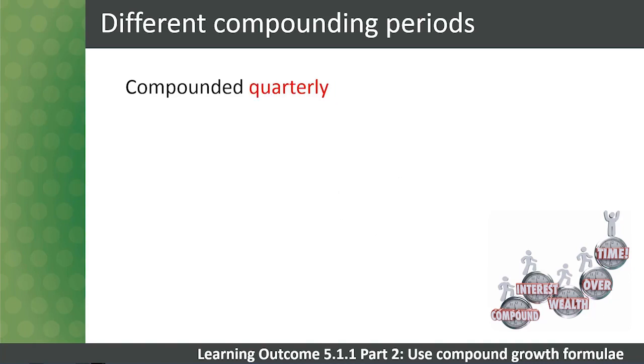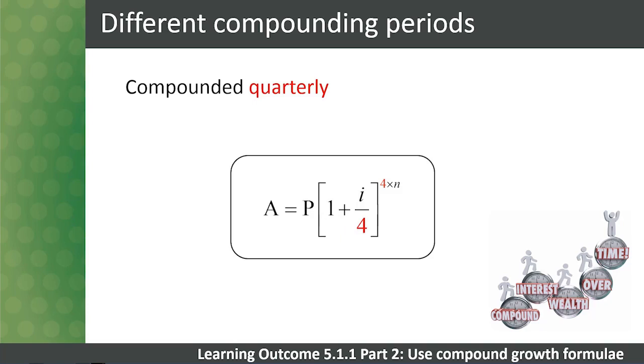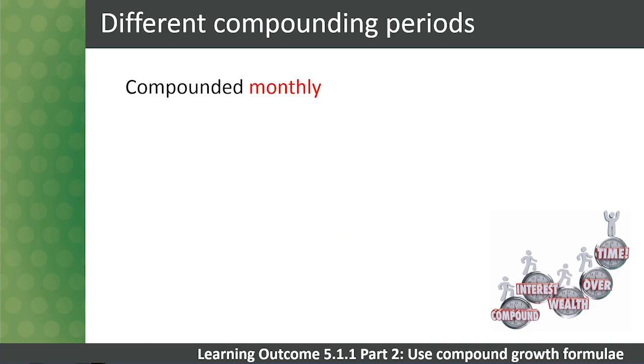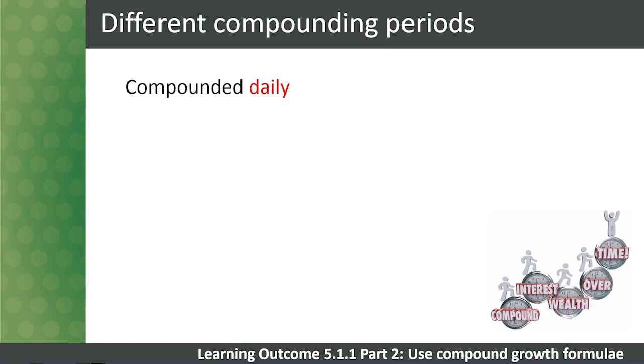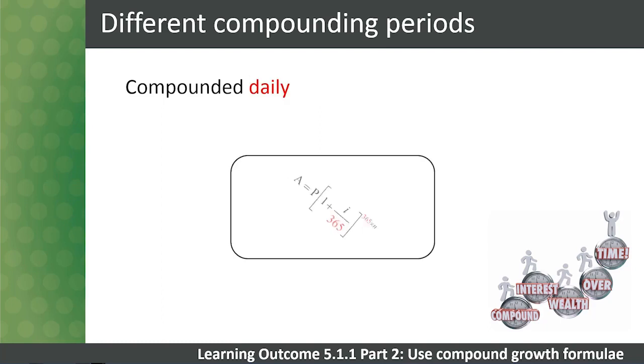If the growth is compounded quarterly, then the formula will look like this. If the growth is compounded monthly, then the formula will look like this. If the growth is compounded daily, then the formula will look like this.